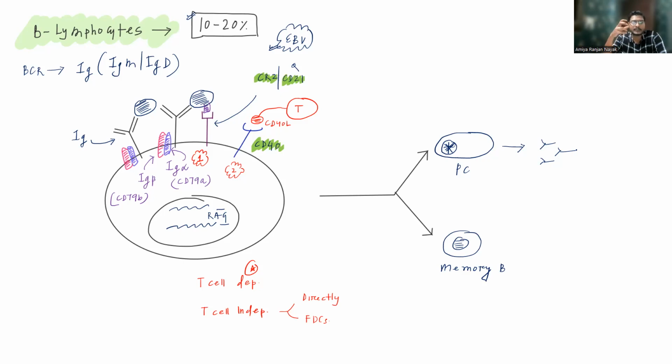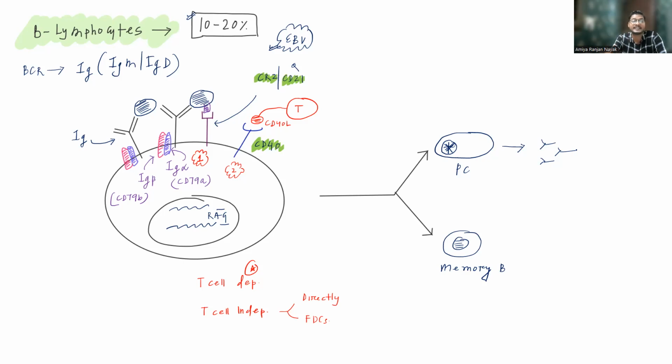Whenever the antigen is identified by the B lymphocyte, it will be identified by the B cell receptor complex, and if it is bound to the C3b complement protein, it can also be identified by the complement co-receptor. This B cell receptor complex, along with the co-receptor and complement receptor activation, will give the signal 1.